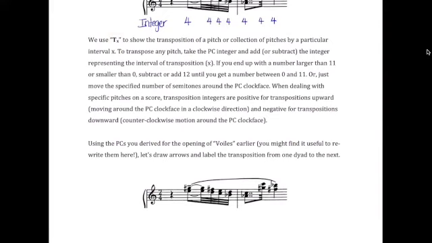But we use the label T sub X to show transposition of a pitch or a collection of pitches by any particular interval, with X being the interval itself. So X will be a number, and you have to apply that number to the pitch classes that you're working with.